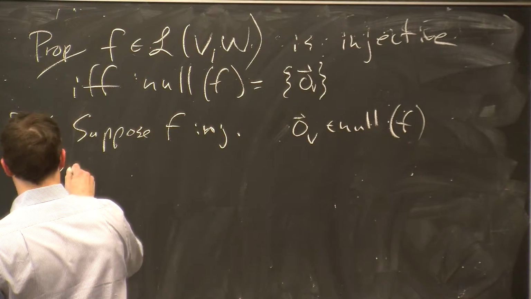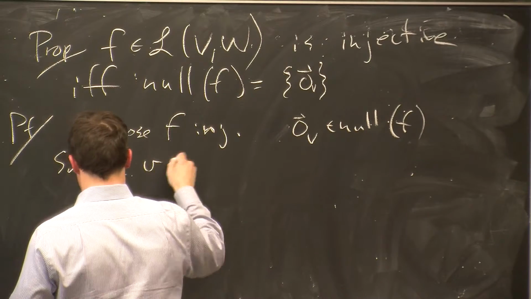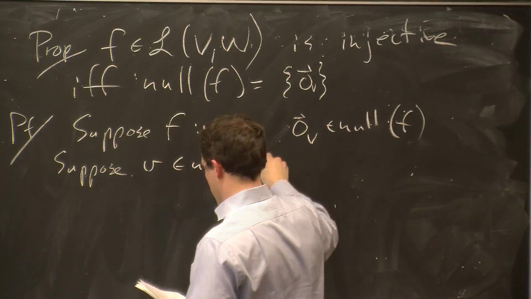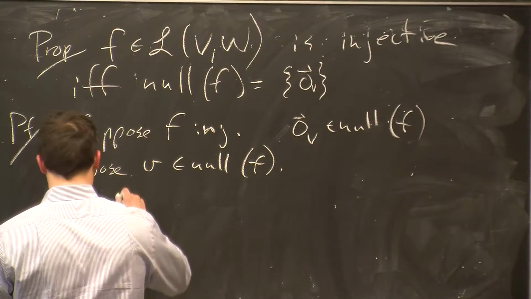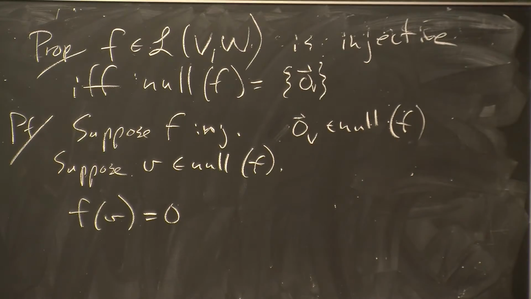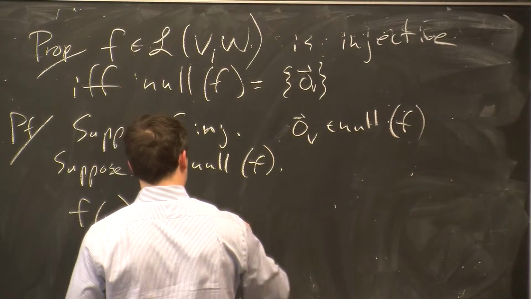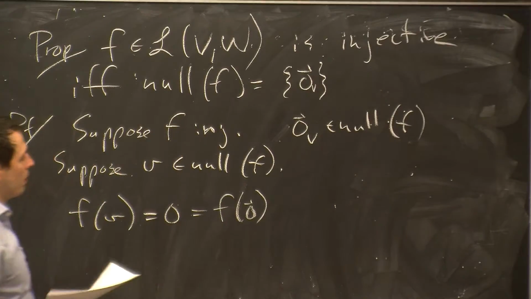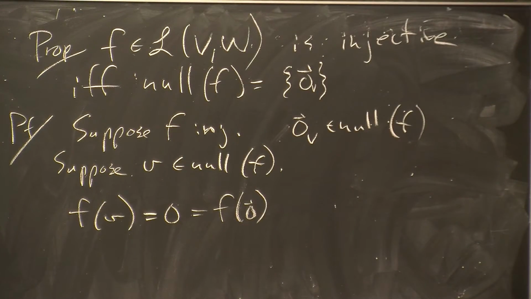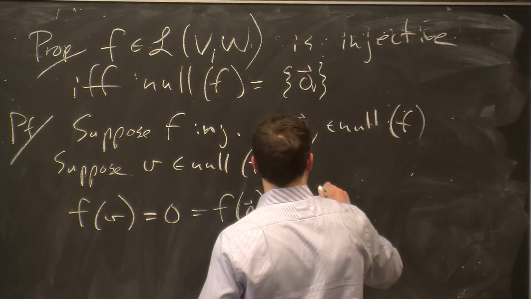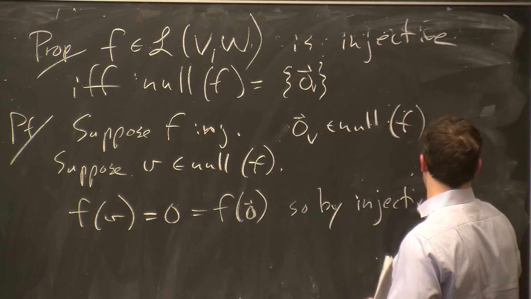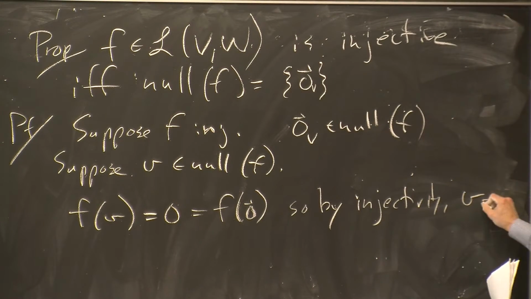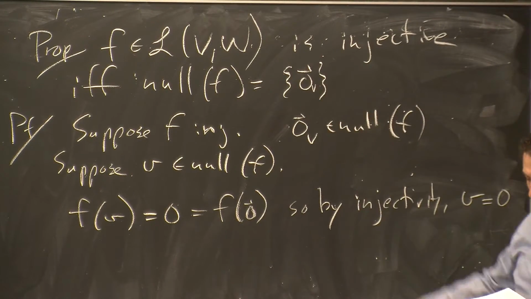Suppose I look at some other vector v in null of f. f(v) is equal to 0 because it's in the null space. But f(0) is also equal to 0. So by injectivity, we have two things being mapped to the same element by an injective function. They must be equal. Therefore, the null space is just 0 because everything is equal to 0.